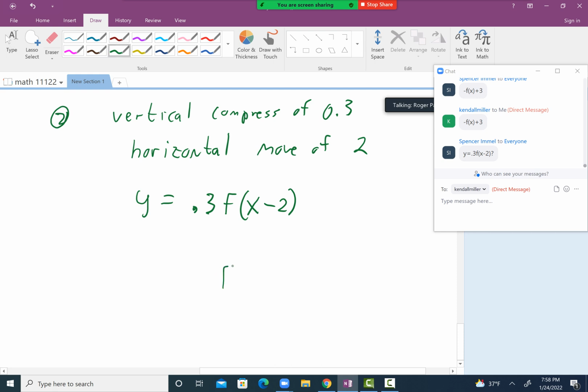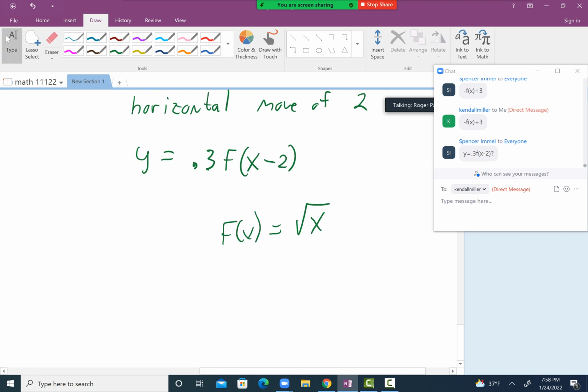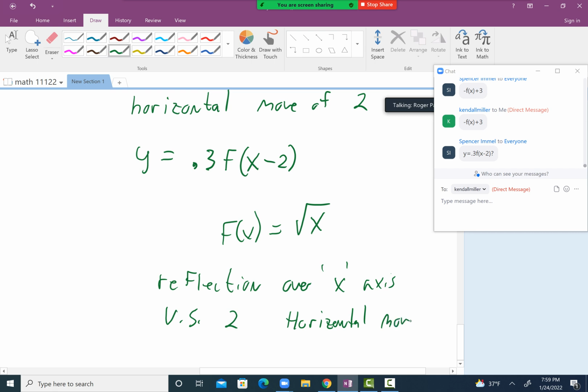So what if they said that f of x was, say, square root of x? Let's say that they told you what it was. And then let's say that we want to do a reflection over the x-axis, a vertical stretch of 2, and a horizontal move of -1.